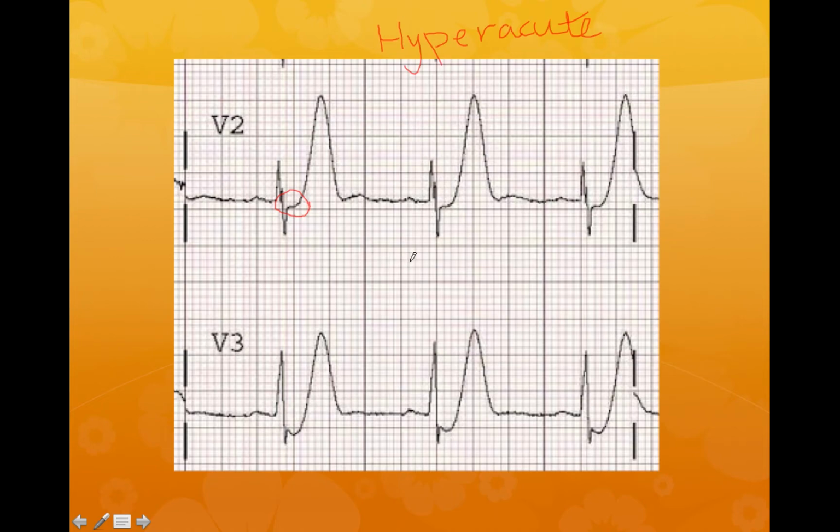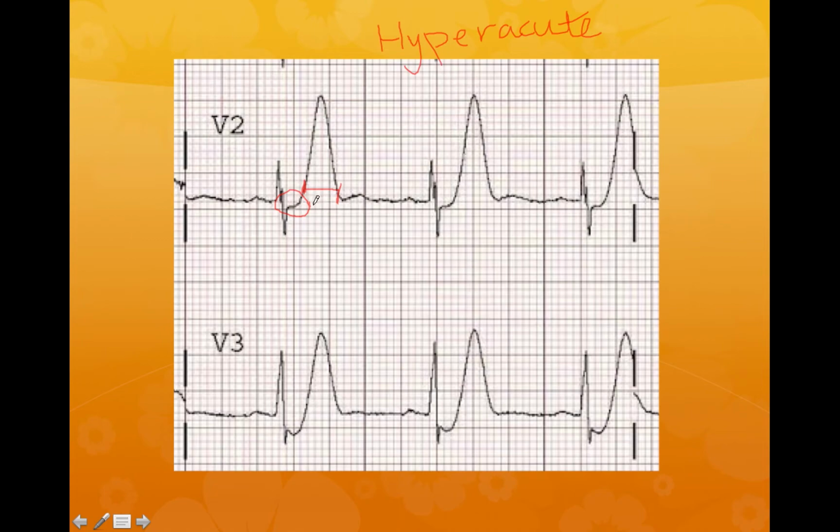This is an early part of the process where we have ischemic tissue. Here you see the ST depression, so subendocardial ischemia, and then we have these giant T waves. We have a wide base, which is very important in hyperacute T waves, and we have a large T wave, so a large area under the curve with respect to the QRS.